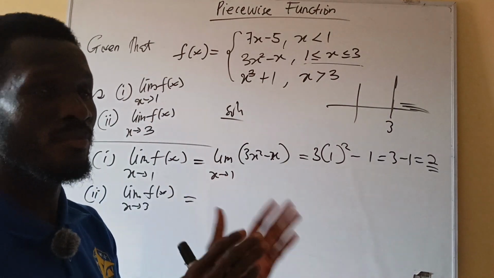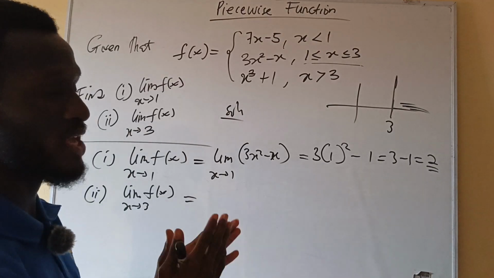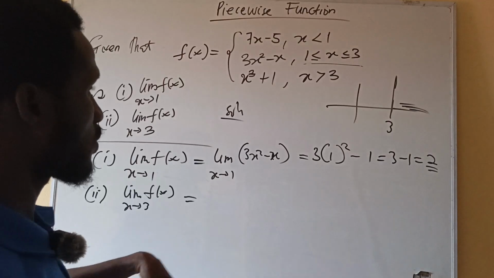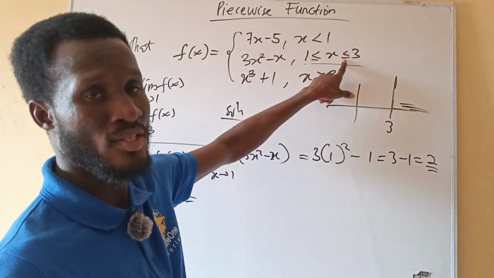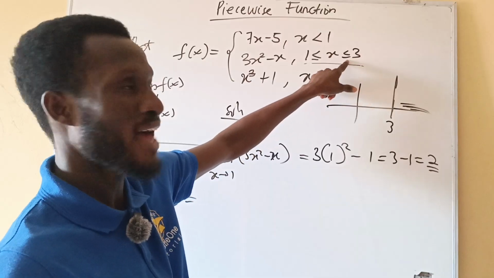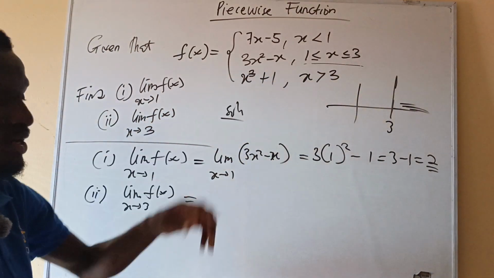But with this particular one, s is approaching 3. We don't know whether it's from the left or from the right. So as s is approaching 3, it means s will be approximately equal to 3. And approximately equal to 3, here will be s less than or equal to 3. So equal to 3 will fall within here. So I have to look at this particular function, f of s, which is 3s squared minus x.